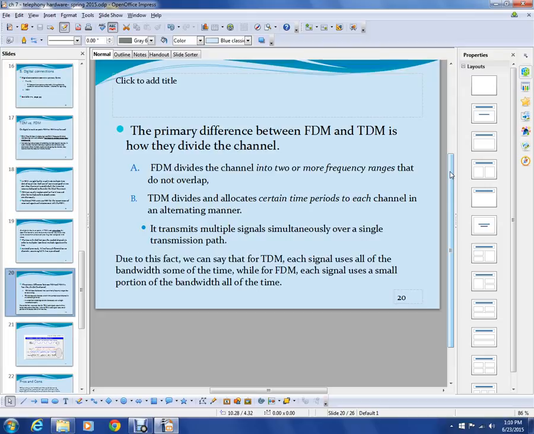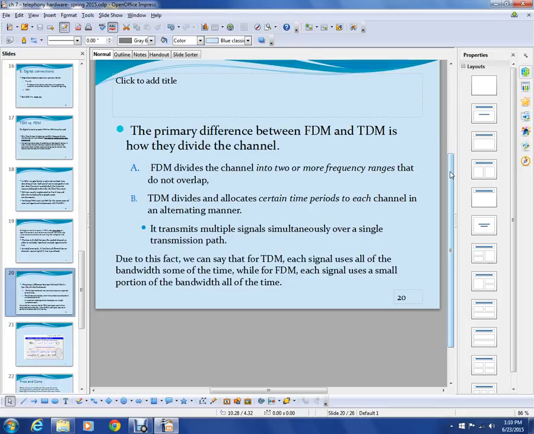What's the primary difference between FDM and TDM, between frequency domain multiplexing and time domain multiplexing? Well, frequency domain multiplexing divides the channel into two or more frequency ranges that do not overlap. On the other hand, time domain multiplexing divides and allocates a certain time period to each channel in an alternating manner.